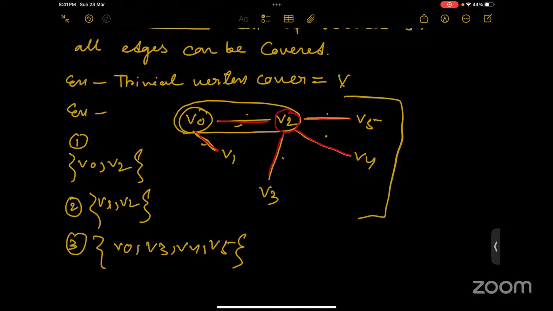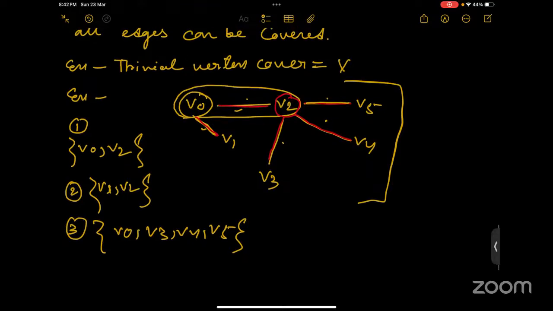Ma'am, then can we say that a vertex cover in the graph would be the condition that every edge is incident on a vertex in that graph? Can we say it this way? Because let's say if you're pulling out this vertex cover for V0, V5.